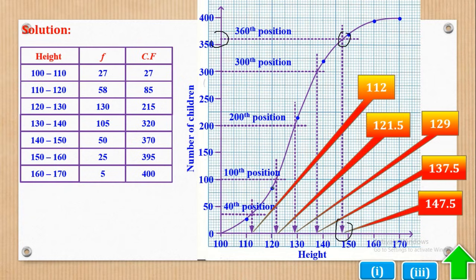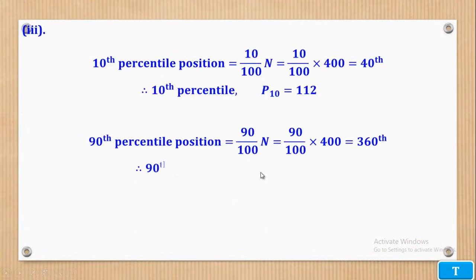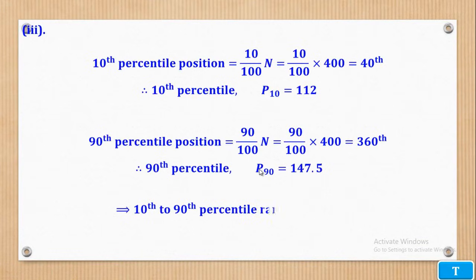It will be 147.5. Therefore, you'll come here and say that my 90th percentile is 147.5. Therefore, the 10th to 90th percentile range is the difference between the two, and that is 35.5 centimeters.